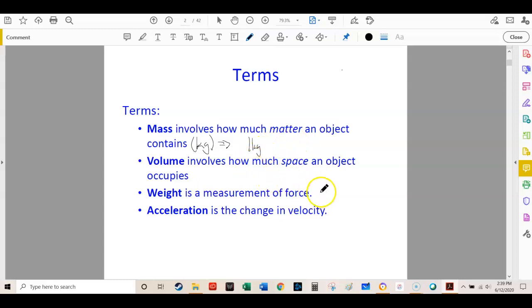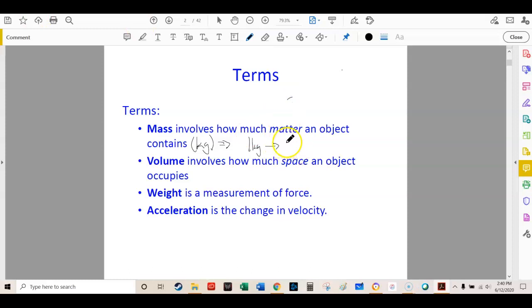When we talk about pounds, we have to talk about weight. So back to here, the European unit of mass is kilograms. But in America, that is slugs.